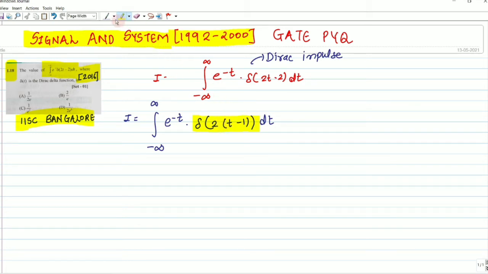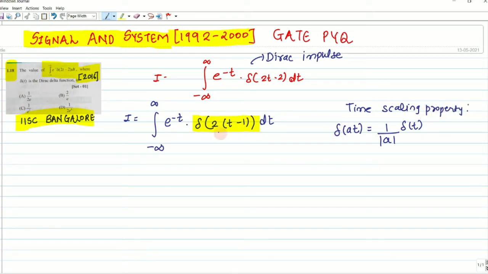What is the time scaling property? Let me revise. We know delta of at can be written as 1 upon magnitude of a times delta of t. This is known as the time scaling property. All of you have studied this in the properties of the Dirac impulse function.